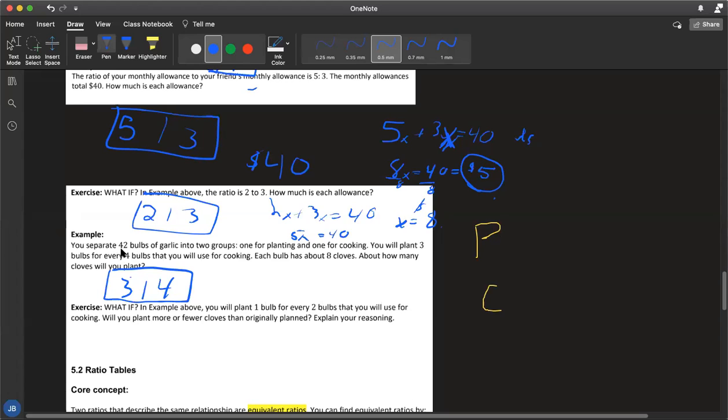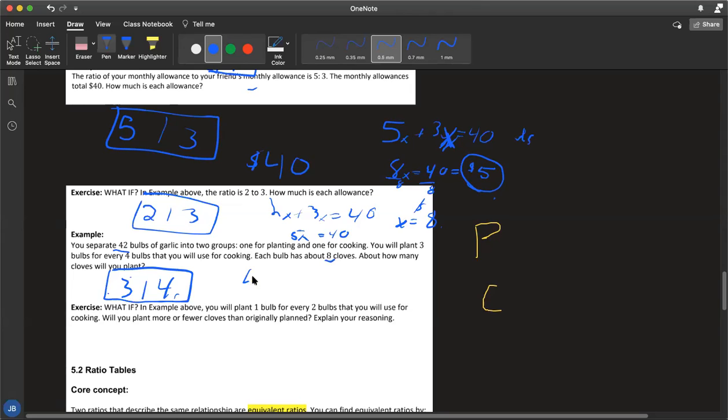So you separate 42 bulbs of garlic into 2 groups, one for planting and one for cooking, right? You plant 3 bulbs for every 4 that you cook, correct? Each bulb has 8 cloves. How many cloves will you plant? Wait, is there 42 bulbs in all?